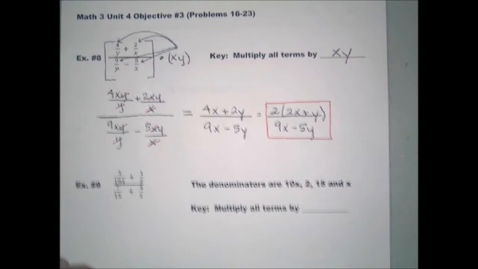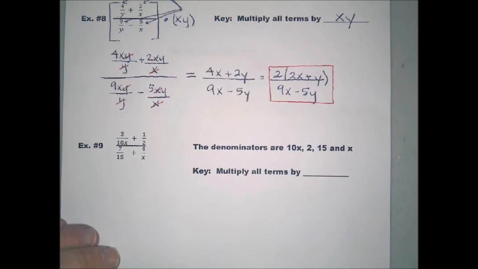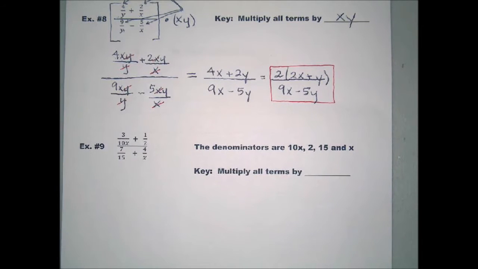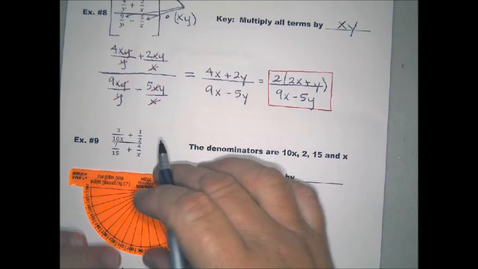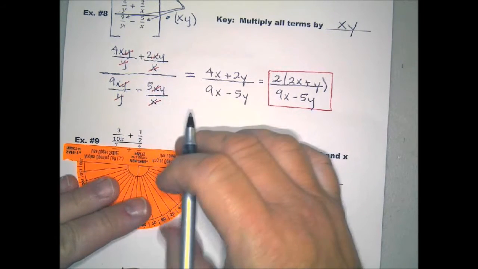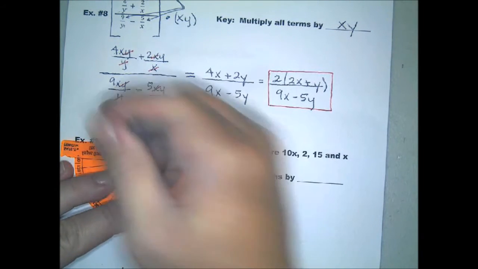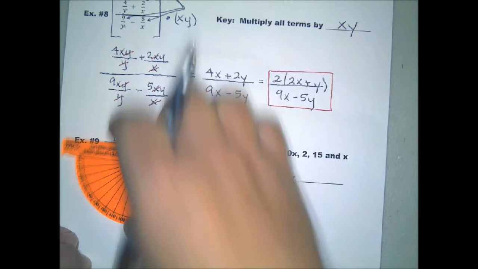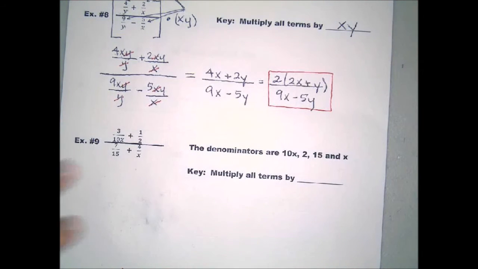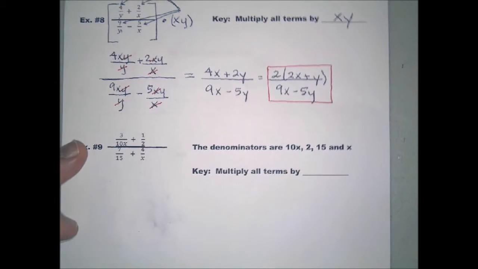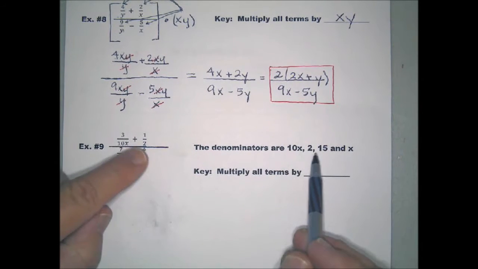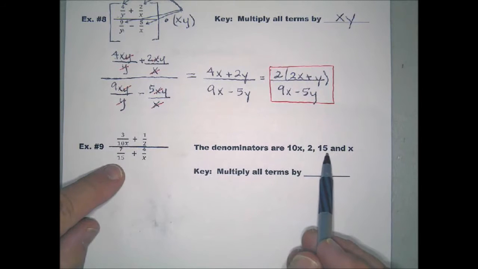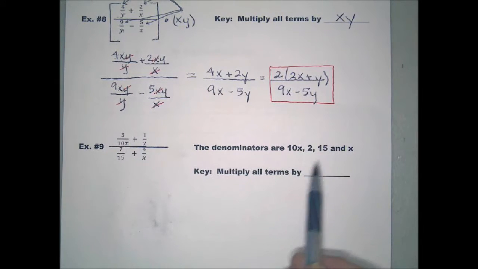Now I've got a little bit of an uglier problem. For example, number 9, it's the same concept. We've got fractions within fractions. We've got the main fraction bar right here. And if you look at all the different denominators, the denominators are 10x and 2 and 15 and x.